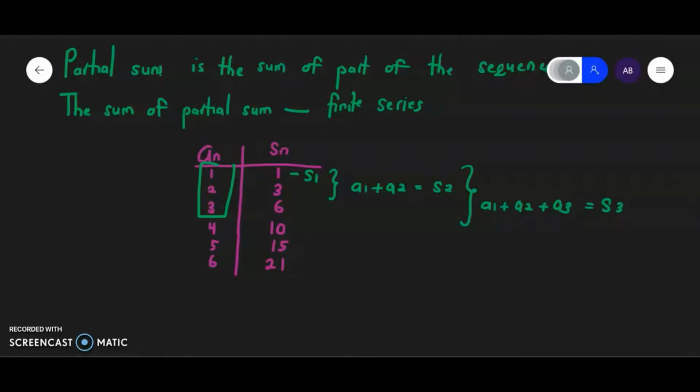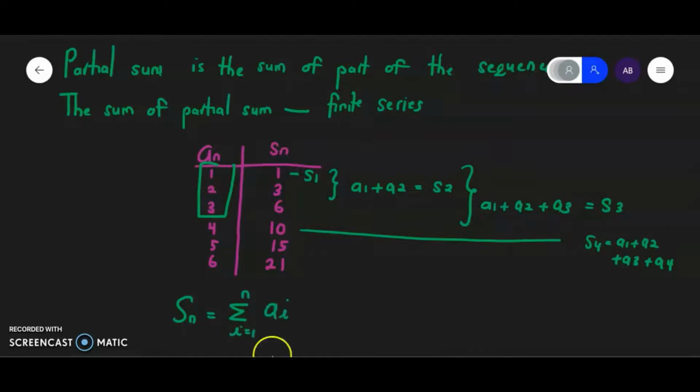Obviously this is my S4, which is a1 plus a2 plus a3 plus a4. Therefore, I can say in general, Sn equals the summation from i equals 1 to n of ai. So this is my partial sum notation.